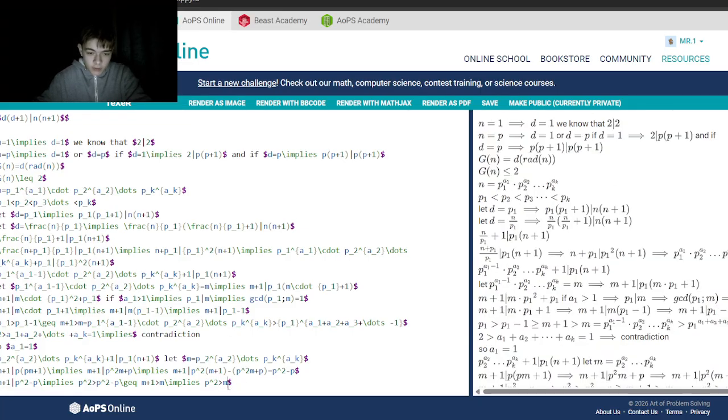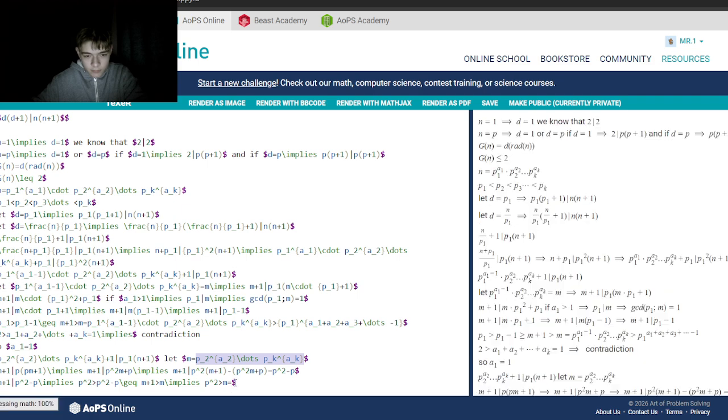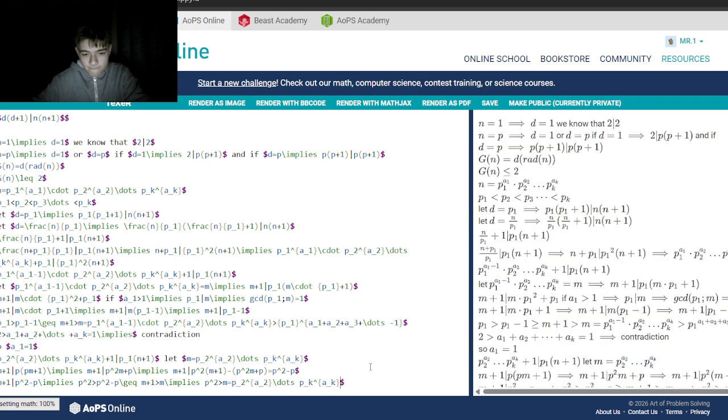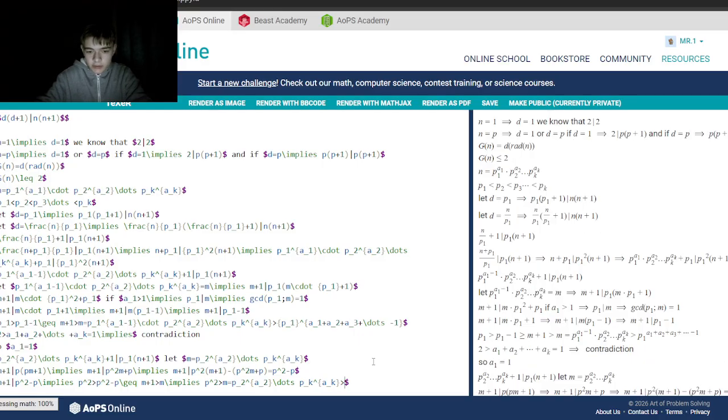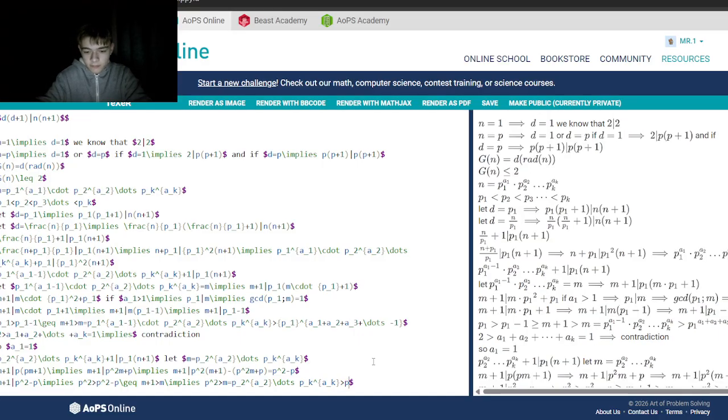Okay, and we know that m was equal to this, and this is greater than p to the power of the sum of all powers, so a2 plus a3 plus a4 and so on, all the way to ak.